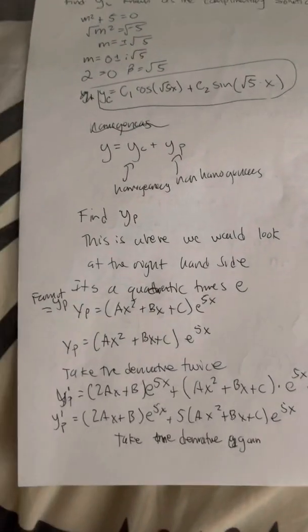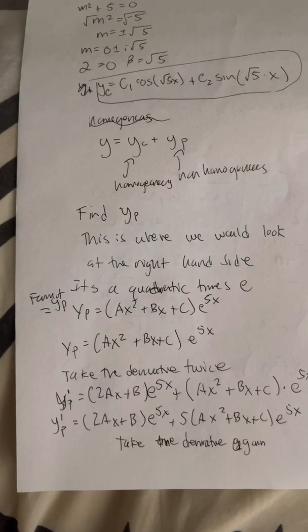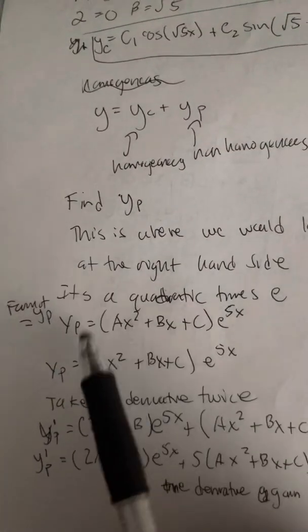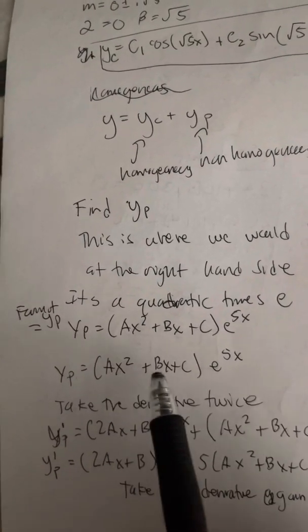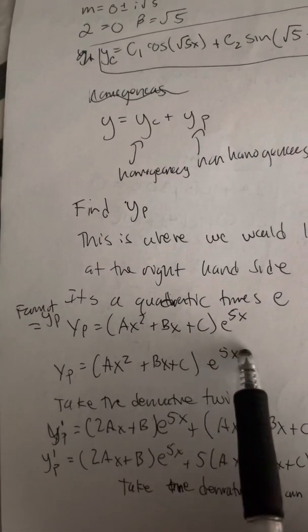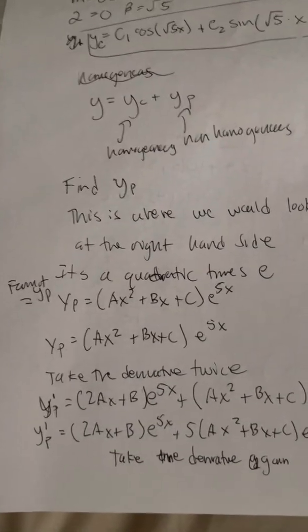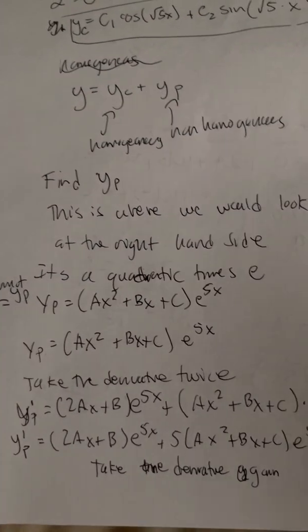Before we start, we want to write out the format of how we are going to take the derivative. So the format is going to be yp equals ax squared plus bx plus c times e to the 5x. In order to find yp, we have to take the derivative of this equation twice.